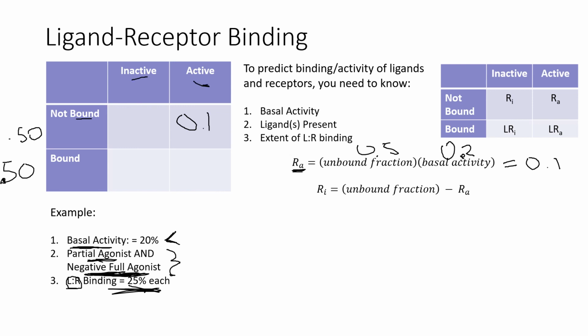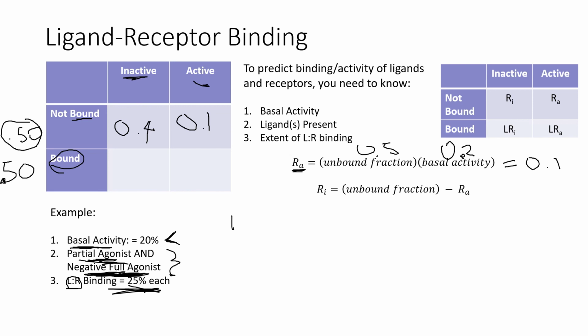Now we know that this inactive state of unbound receptors also has to match up with this proportion of unbound receptors, so we also know that this is 0.4. So that was the easy part. The part that makes it a bit more difficult is when we separate the partial agonists and the negative full agonists when we're talking about the bound receptors.